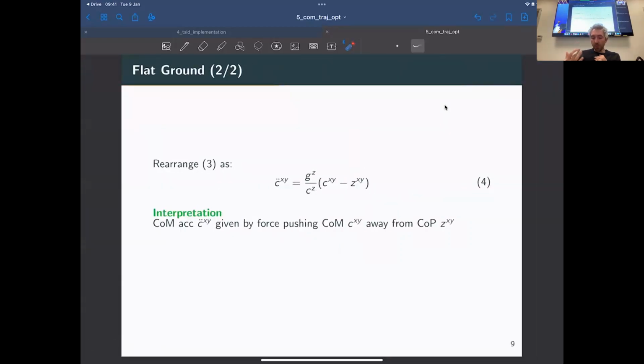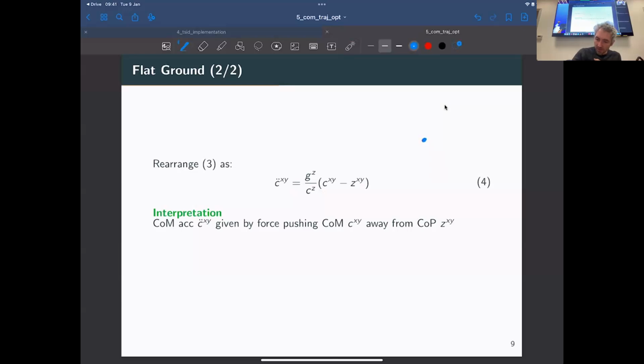We can also look at the interpretation of this equation, because I think it's quite physically intuitive if you think about it. So basically what this is telling us is that the center of mass is accelerated in a direction which is the direction that, well, I think a drawing would help in this case.